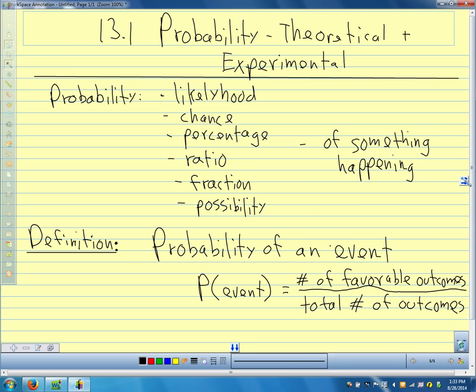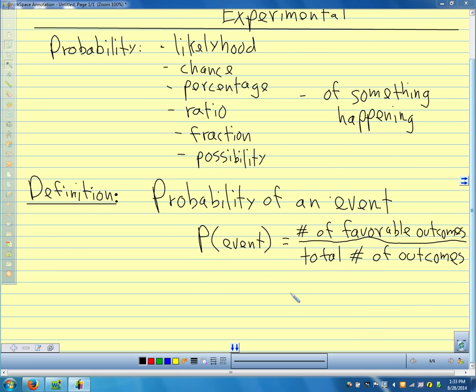And the way I usually talk about it, rather than saying this long thing, is I just say favorable over total. There's our fraction. There's our ratio. Favorable, the number favorable over the number total.